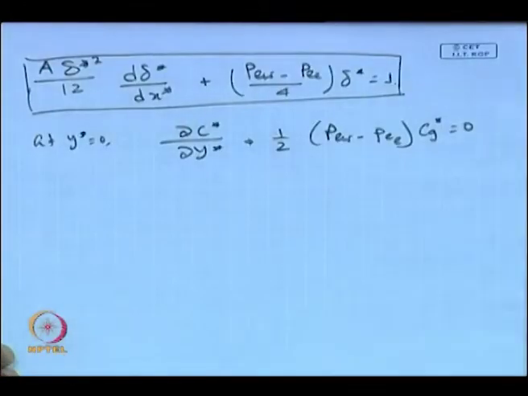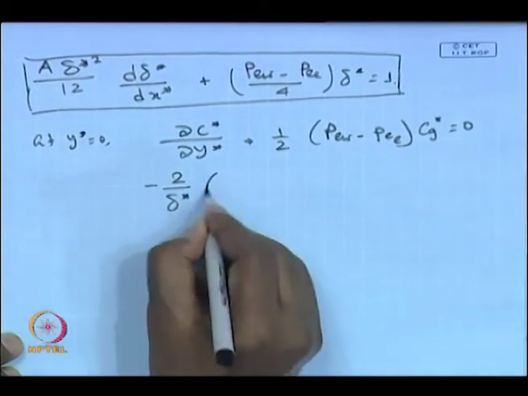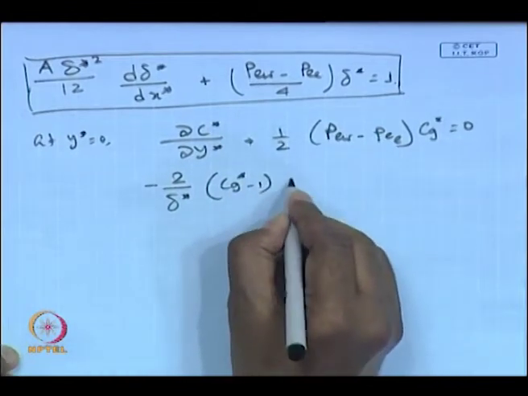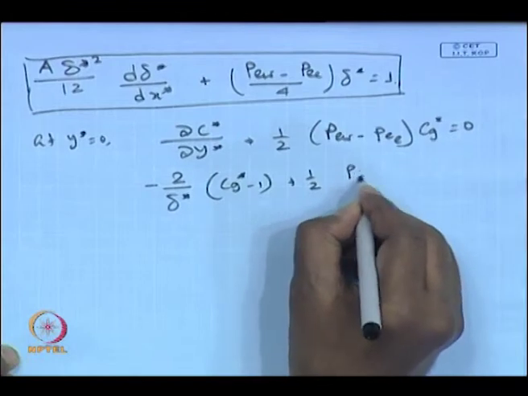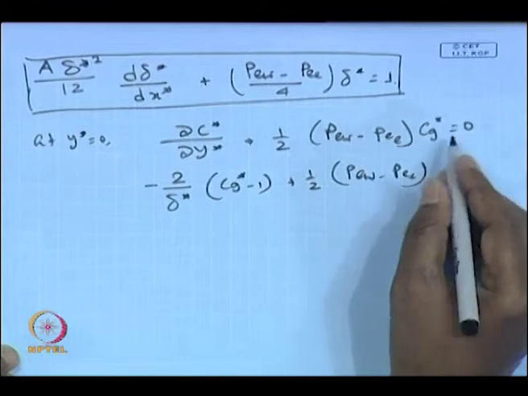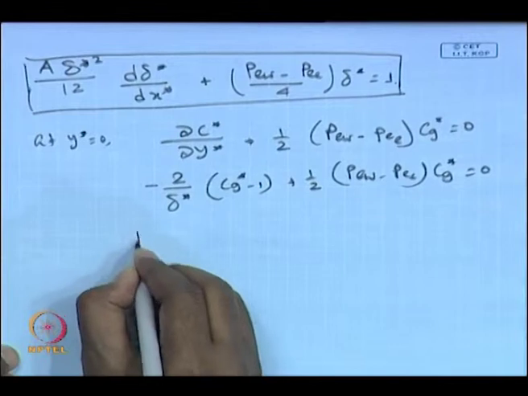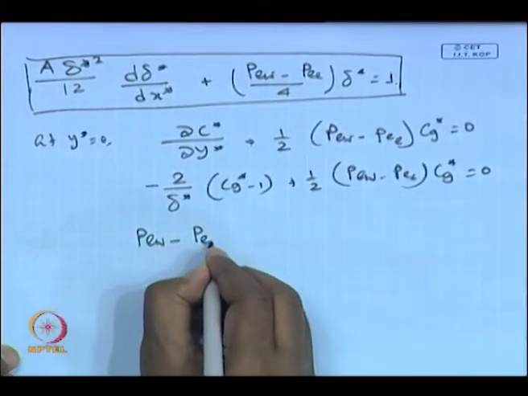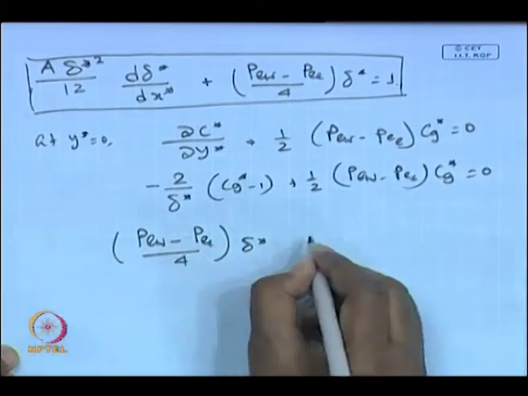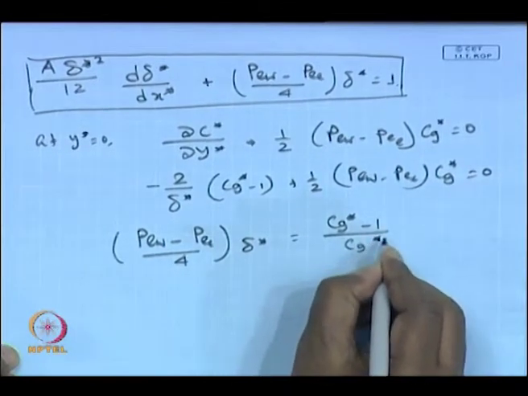You put that into this equation and you get minus 2 by delta star times Cg star minus 1, plus half Pw minus Pee, and C star becomes Cg star there at y star equal to 0. So, you will get Pw minus Pee divided by 4 times delta star is equal to Cg star minus 1 divided by Cg star.